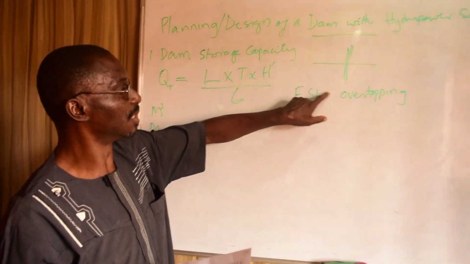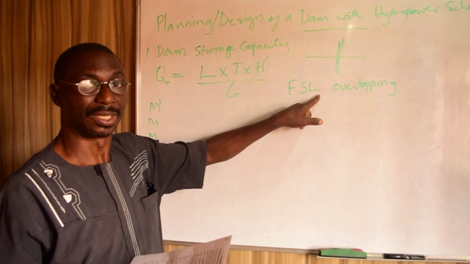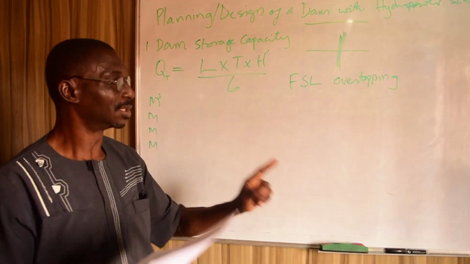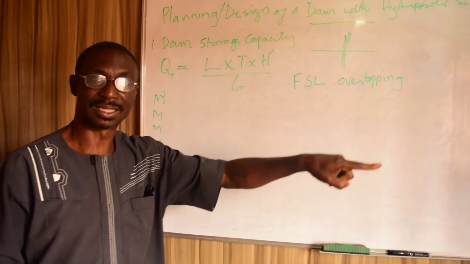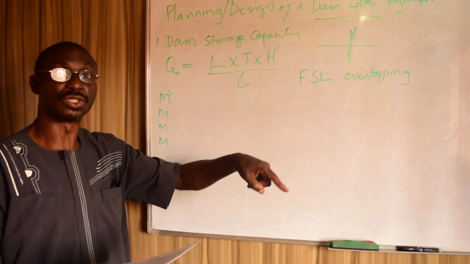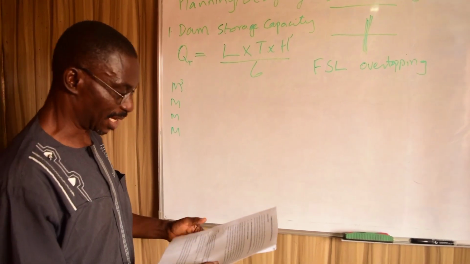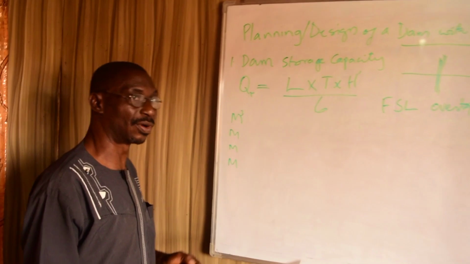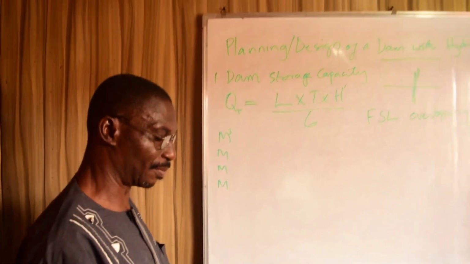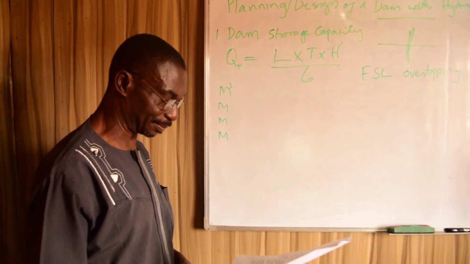So what is the full storage level of the reservoir without overtopping? Because if overtopping happens, it can destroy your dam and many things. So that is important. To calculate this, you use this formula which was given by FAO in 2010.